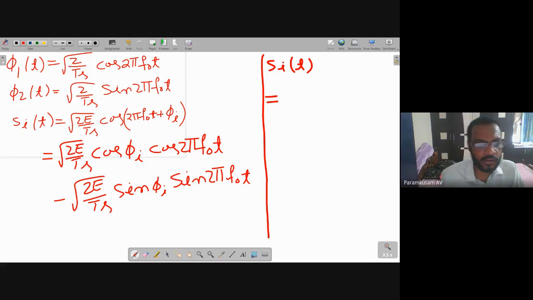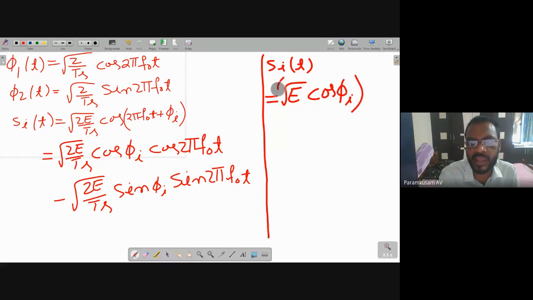So here root over 2 by Ts cos 2π f0 t is equal to φ1, no? How do you write it? Root E cos φi into φ1(t).